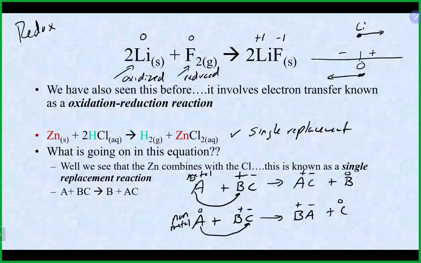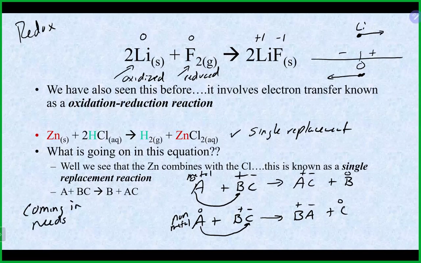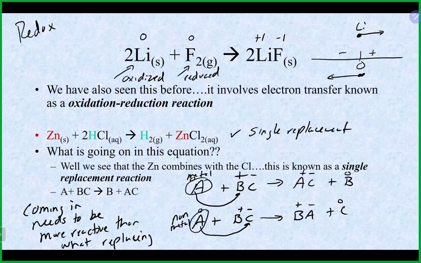Remember, for this reaction to take place, whatever is coming in needs to be more reactive than what it is replacing. So A in this case would have to be more reactive than B for this reaction to take place. A would have to be more reactive than C for that reaction to take place, or the reaction will not take place in that case.